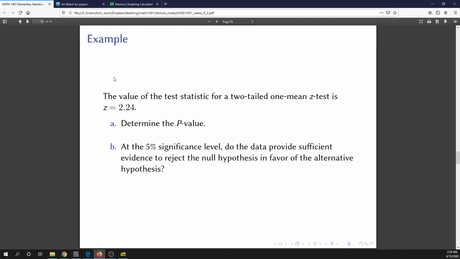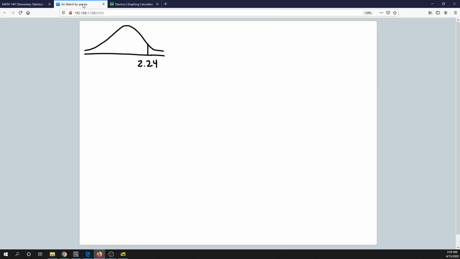All right, so that's what we're given, right? And this is a two-tailed test, right? So the picture for a two-tailed test, we're going to look at minus 2.24. So our p-value in this case is going to be this area right here, okay?